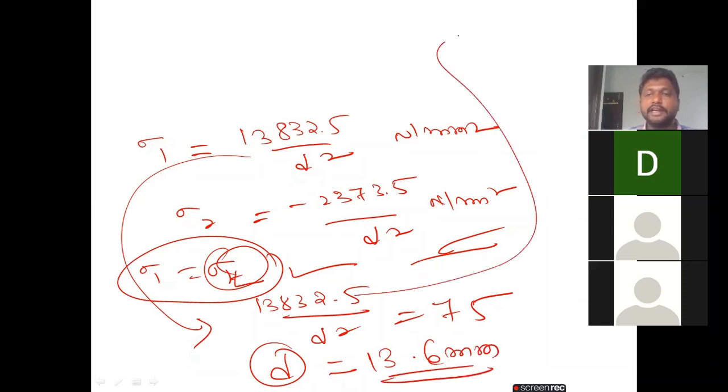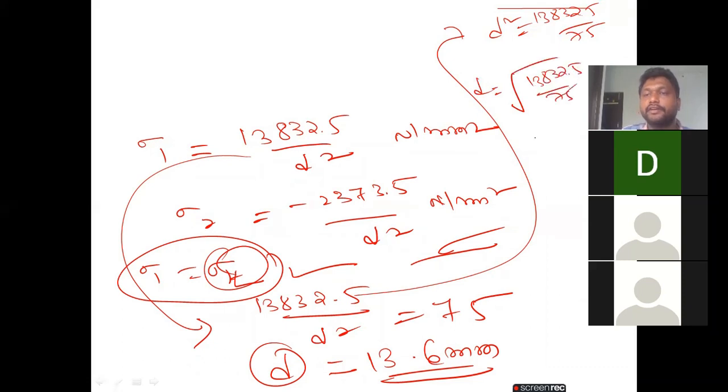How do we calculate d? d square equals 13832.5 by 75. Then d equals the square root of 13832.5 by 75. Then d equals 13.6 mm. This is the simple concept we are doing.